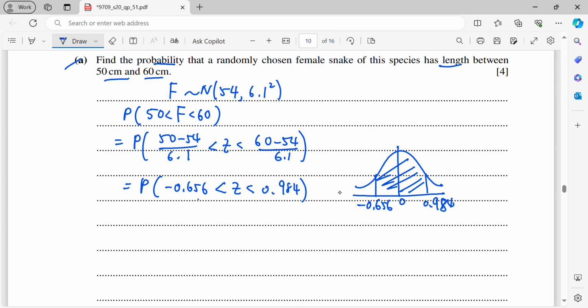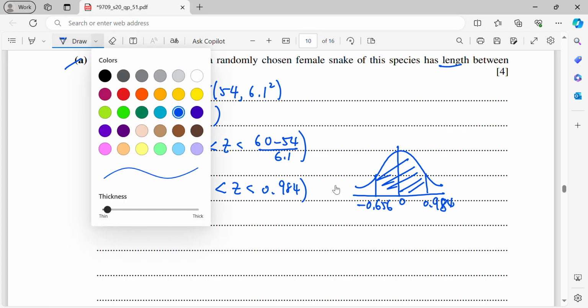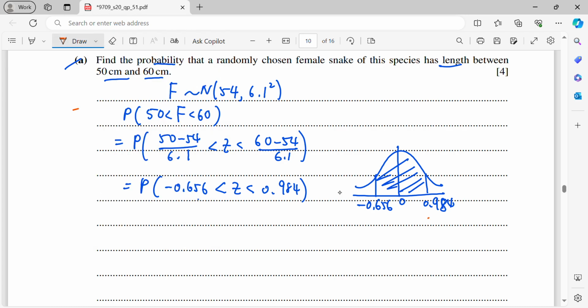Okay, so what to do here is I use this concept: total probability of z less than 0.984 minus the negative value. So here I will write P(z less than 0.984) minus P(z less than negative 0.656).